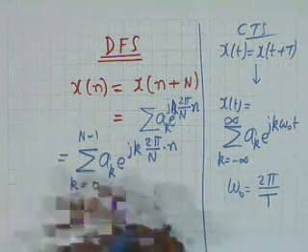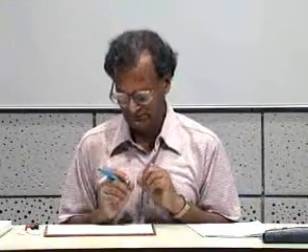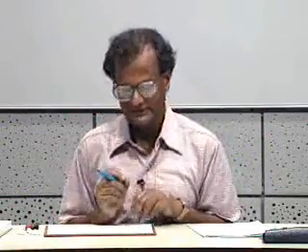Well, this result can be interpreted in various ways. One of the ways is to say that in the Fourier series of a discrete time signal, there are only capital N distinct frequencies. Agreed? This is why you get a finite Fourier series.